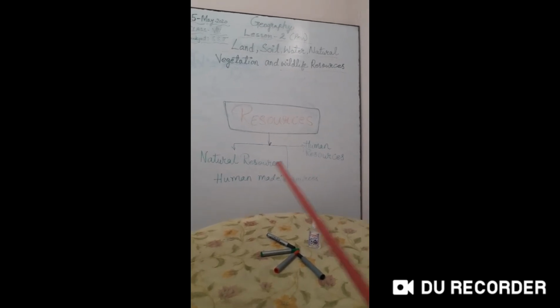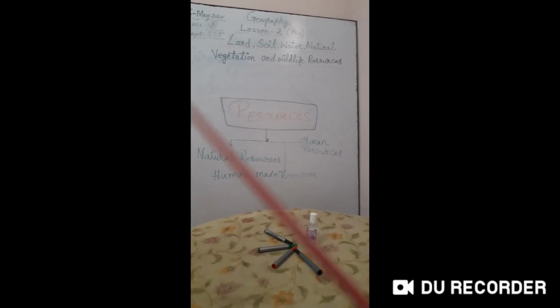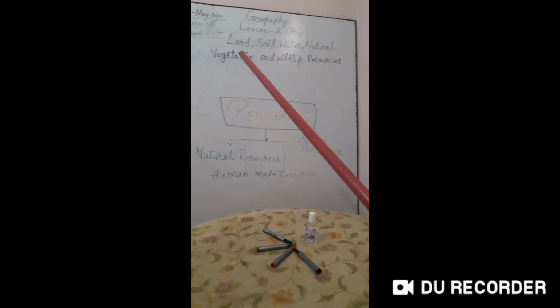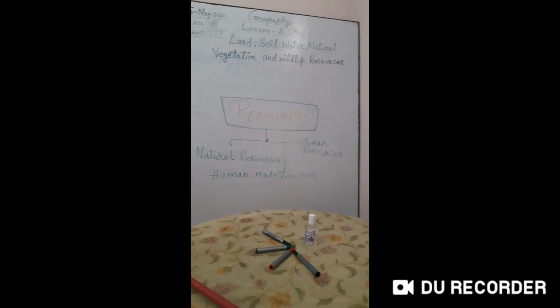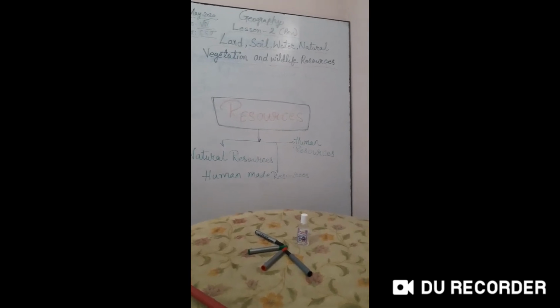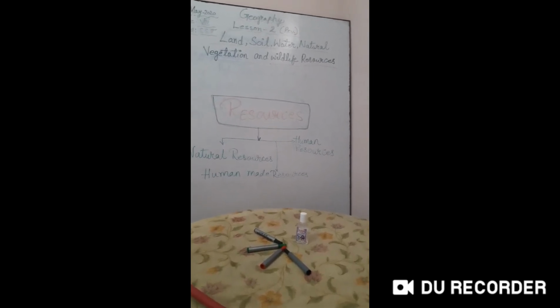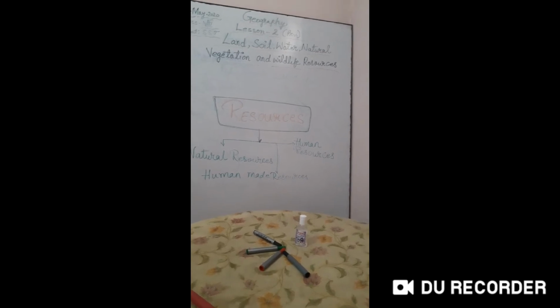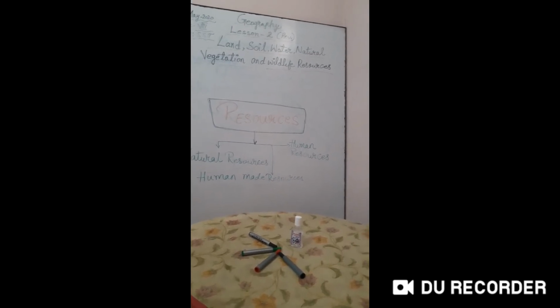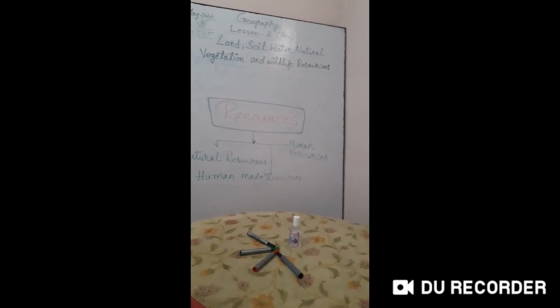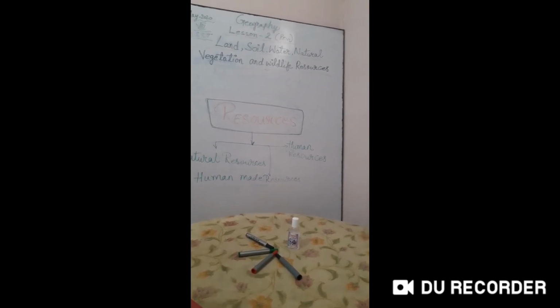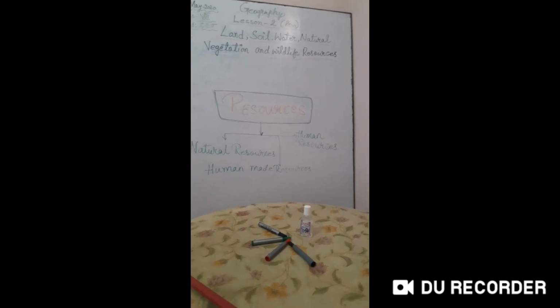Okay? So, let's start with the first one, that is land. Land, the quality of land, soil and natural vegetation, animals and the usage of technology are important factors in controlling the standard and way of life people lead at a particular place.